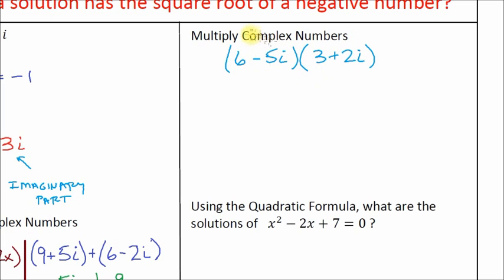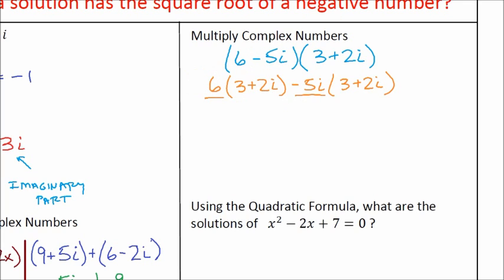Let's follow our procedure. We take the first binomial, we split it apart, and we multiply each part by the second binomial. So you can see we have split the first binomial into two parts.